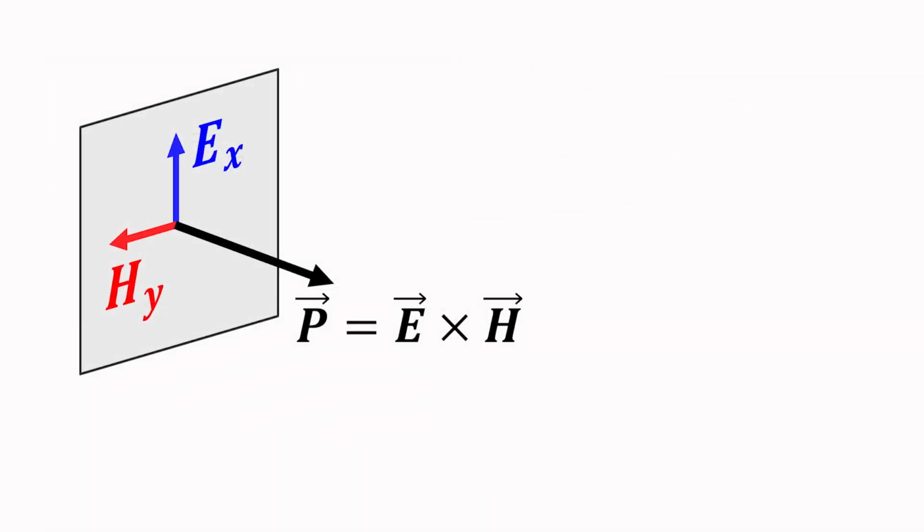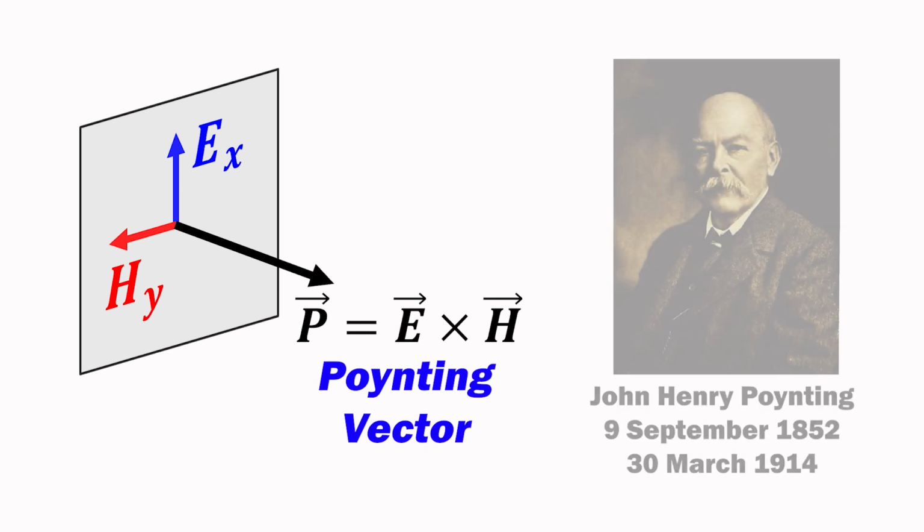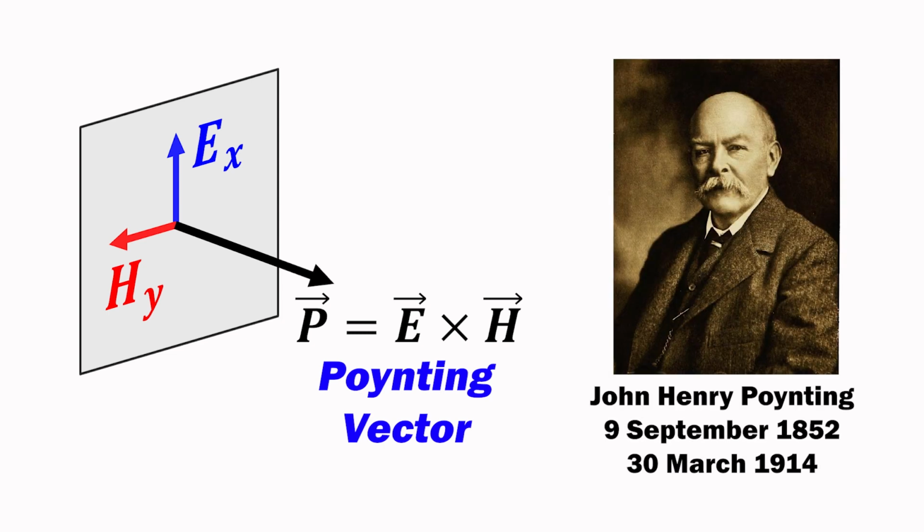The cross product of the E and H vectors gives the Poynting vector, which is indeed named after a man named Poynting, John Henry Poynting to be exact, who discovered and derived it in 1884. So yes, electromagnetics history provided a ready-made pun for us here, because the Poynting vector does indeed point in the direction of propagation, which is orthogonal to both the E and H vectors.